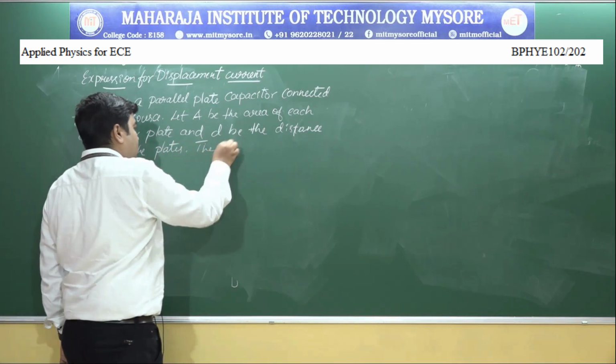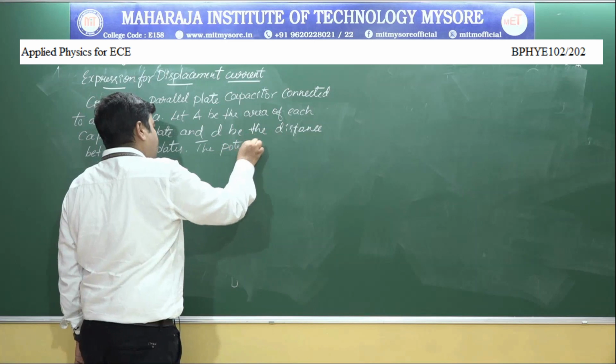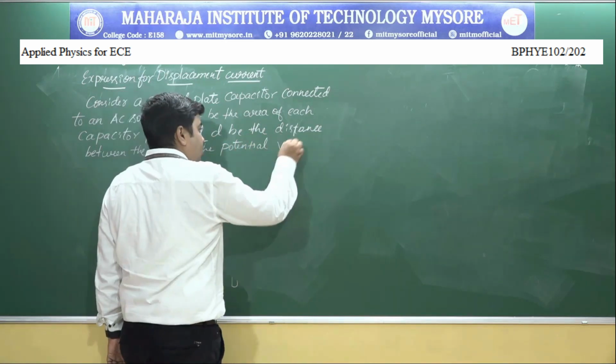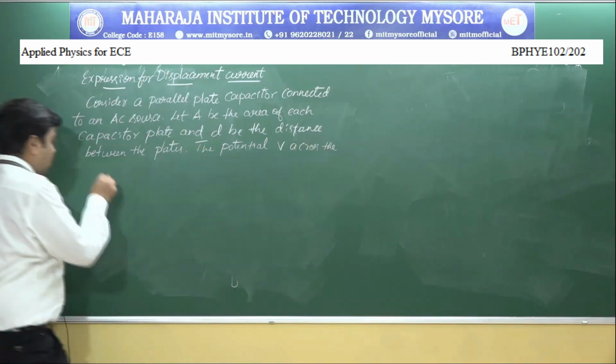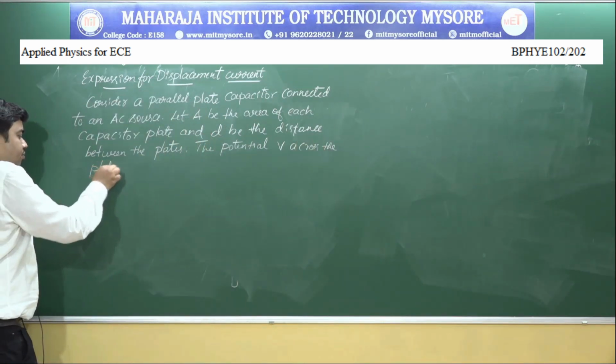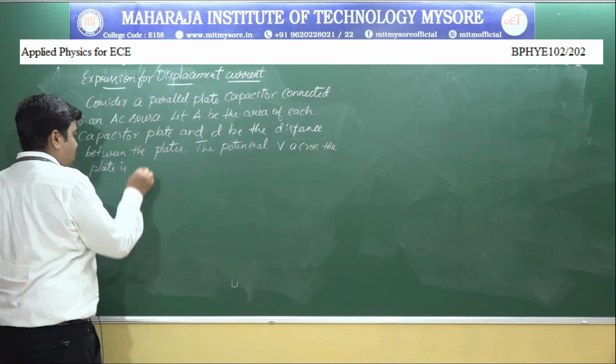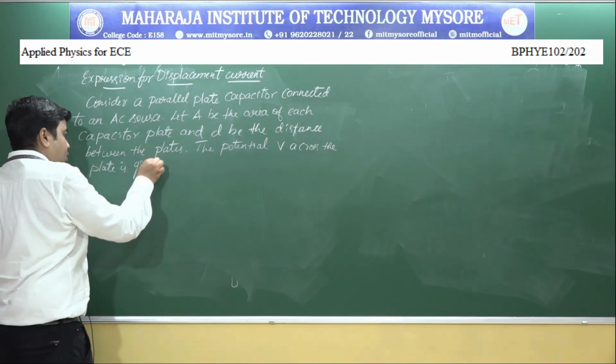The potential V across the plates is given by.